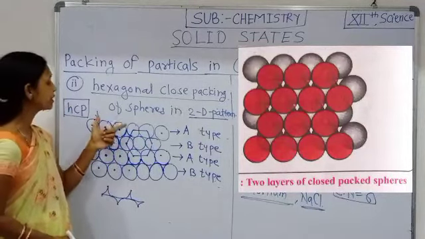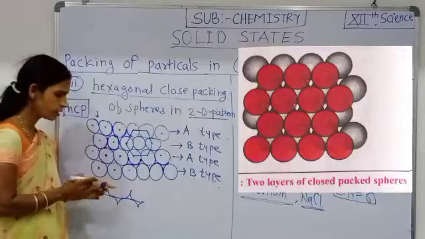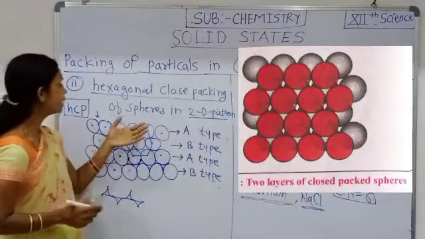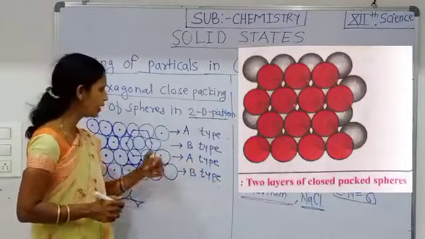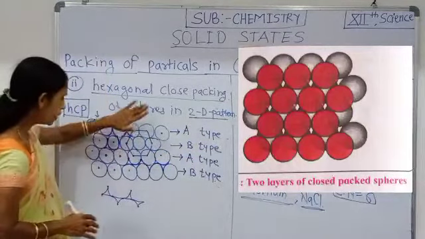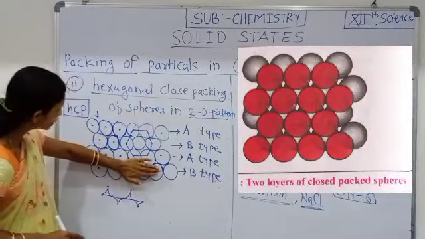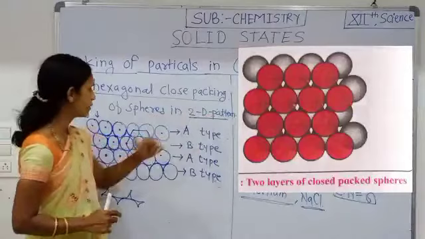Then see here, in this layer the arrangement of the rows is AB type, and here only one layer formation takes place in 2D pattern.